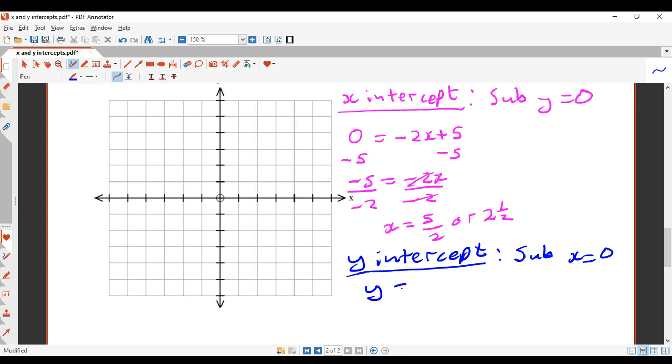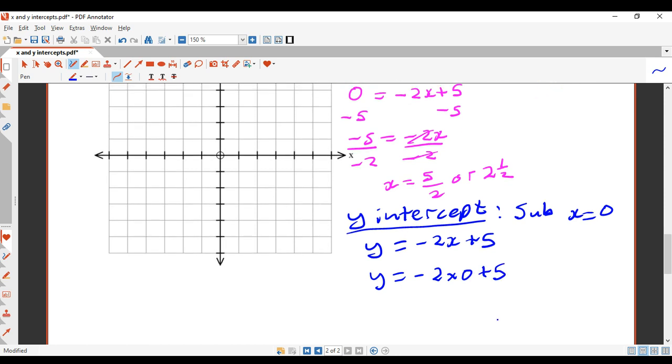What was your equation? y equals negative 2x plus 5. That's your equation. So you're going to sub x equals 0 into that equation. So it's going to be y equals negative 2 times 0 plus 5. Negative 2 times 0 is just 0. So y equals 5 is your y-intercept.